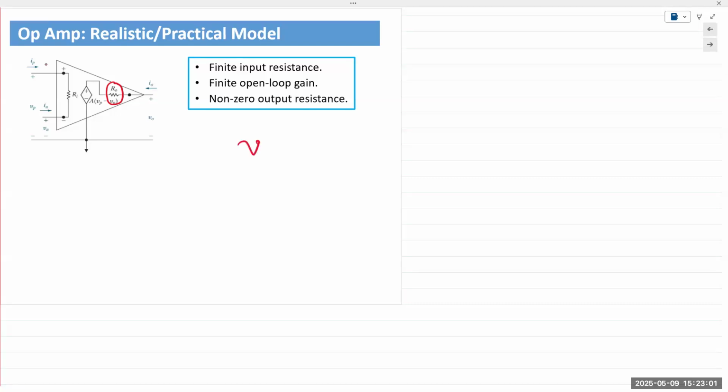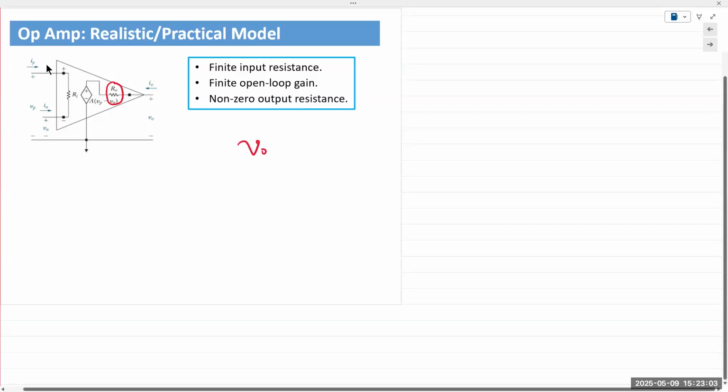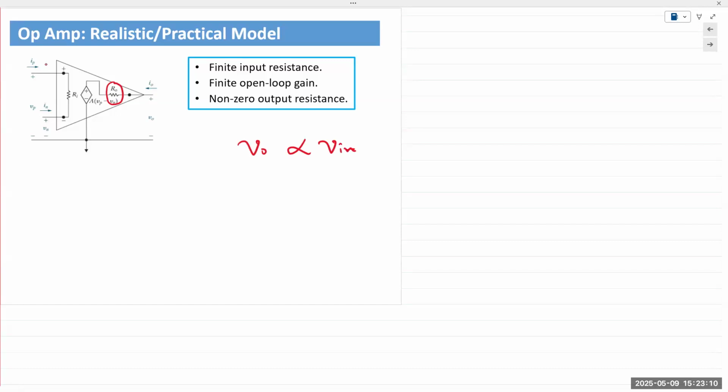We say V out is directly proportional to V in. It's a multiple of V in. So the output voltage is dependent on the input, so it can function as a dependent voltage source. It is providing a voltage at the output, so it's a voltage source, but it depends on some other quantity in some other part of the circuit. In this case, it depends on the input voltage.